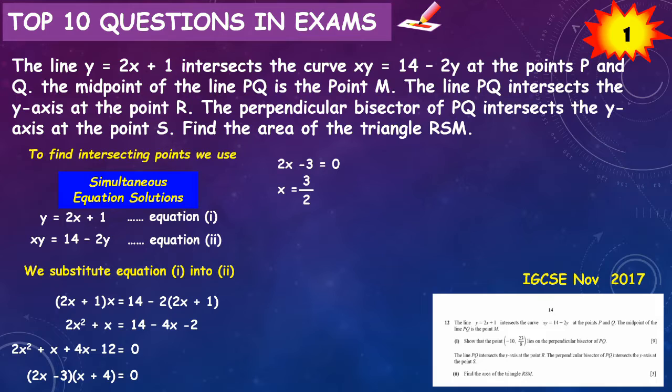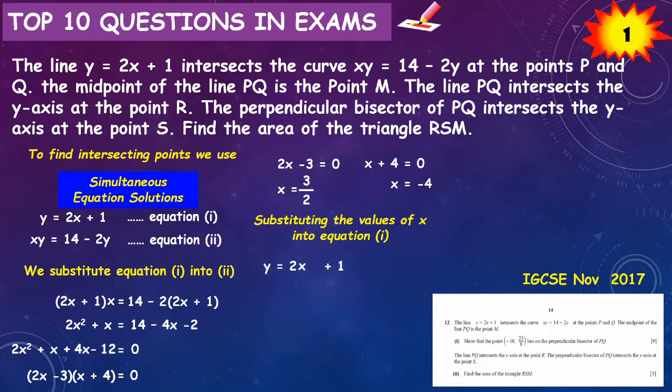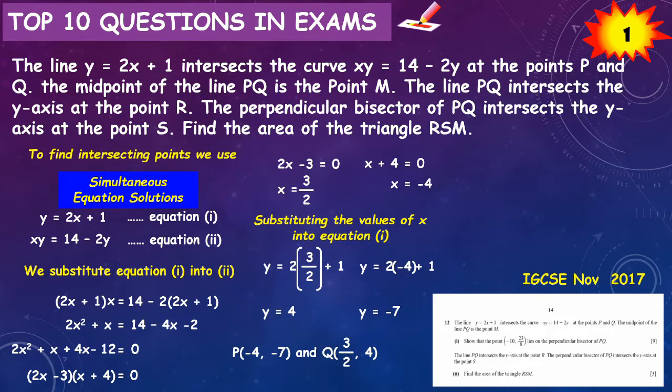The first answer for x is 3 over 2, and the second answer for x is negative 4. We substitute each value of x into equation 1, and we get two answers, y equals 4 and y equals negative 7. So point P is negative 4, negative 7, and point Q is 3 over 2, 4.